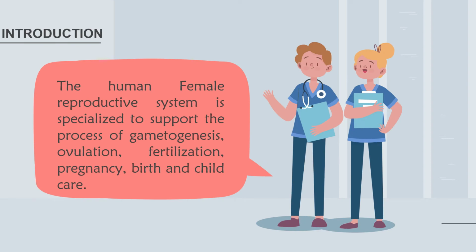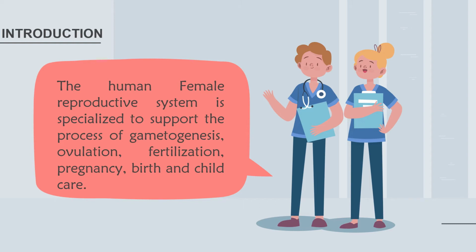The human female reproductive system is going to help in a number of different processes which occur inside a human female body. So the different parts of the human female reproductive system would help in the process of gametogenesis, which refers to the process of formation of gametes. It would also help in the process of ovulation, which refers to the release of the egg or ovum from the ovary.